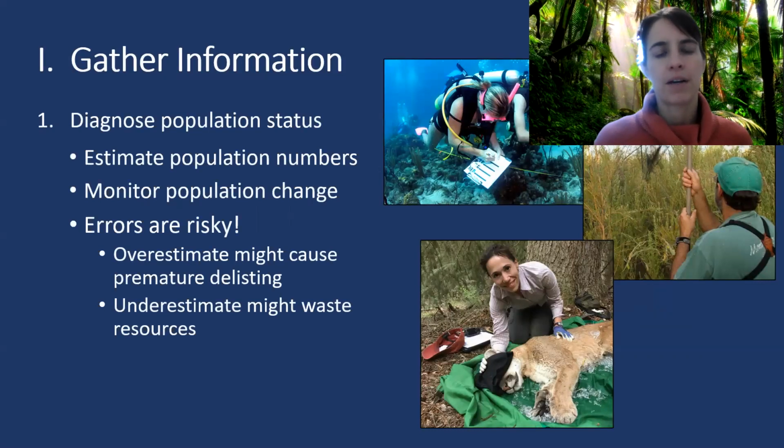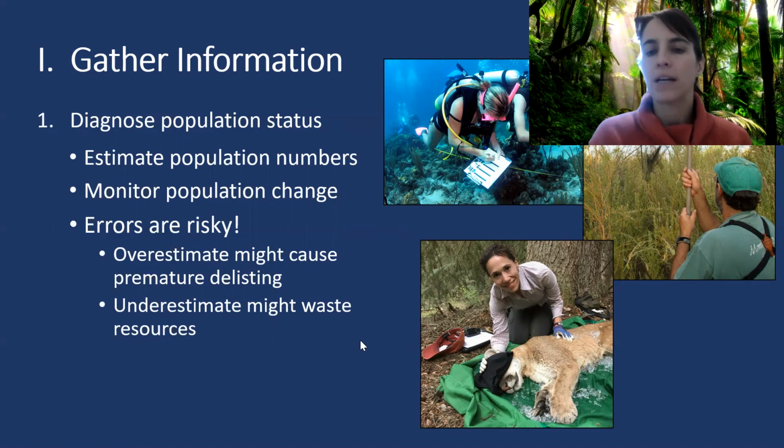So like I said up here, you want to diagnose population status. So how many individuals are out there, and is that number changing year after year? And I put on here, check this out, it says errors are risky. They are risky because an overestimate could cause premature delisting.